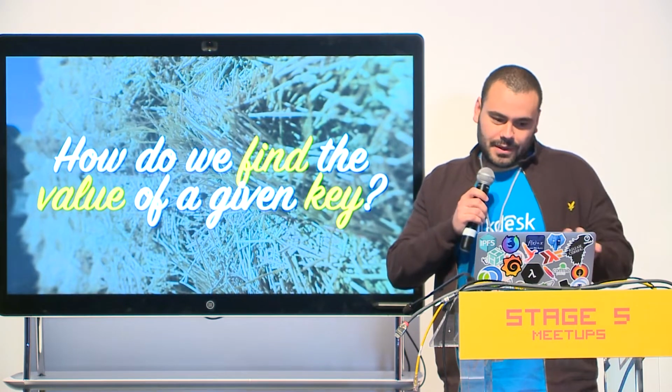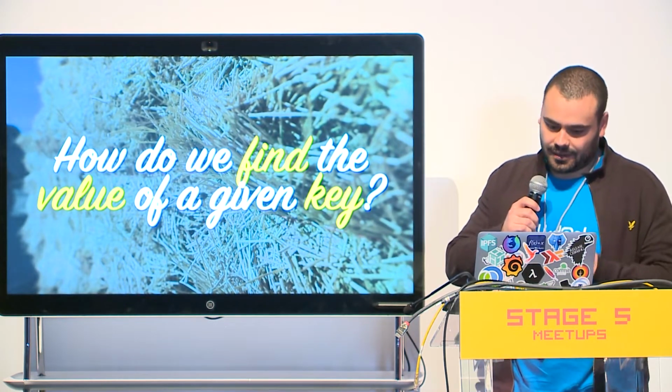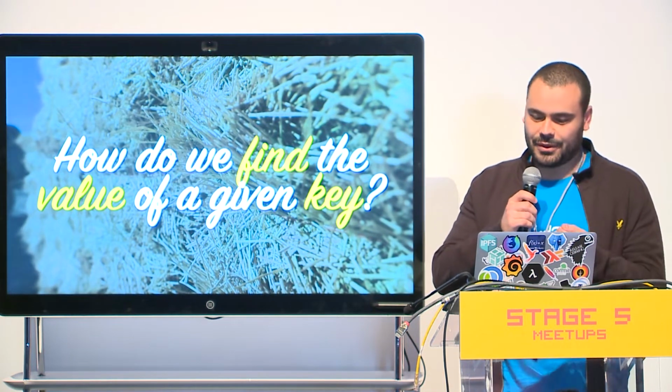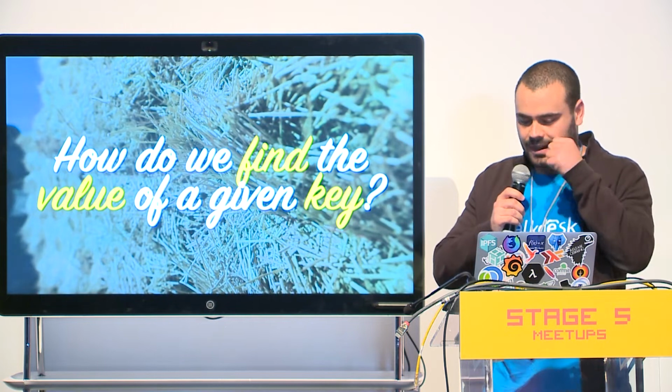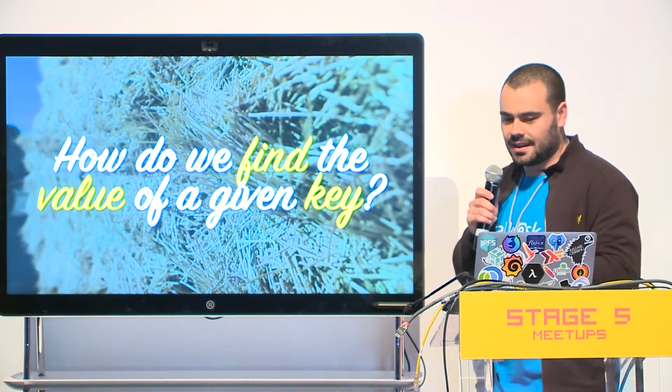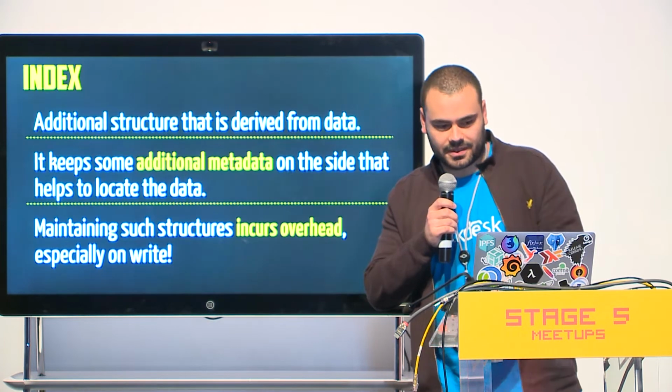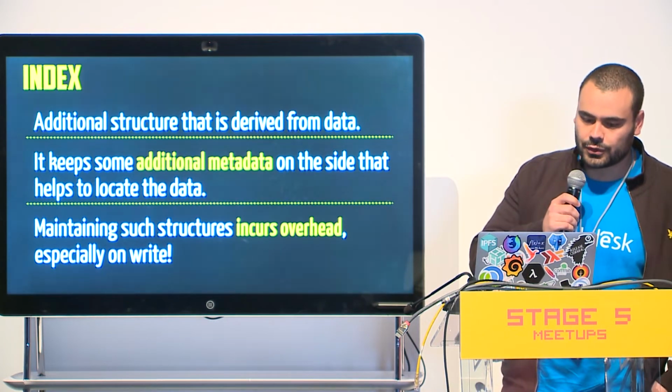So far we've seen how easy it is to perform fast writes, but how can we find the value of a given key in a fast way? So obviously the solution is to add an index.